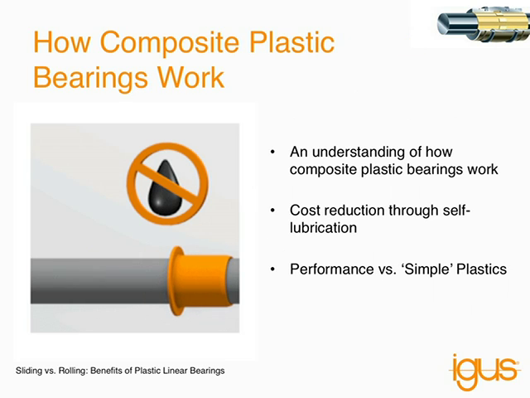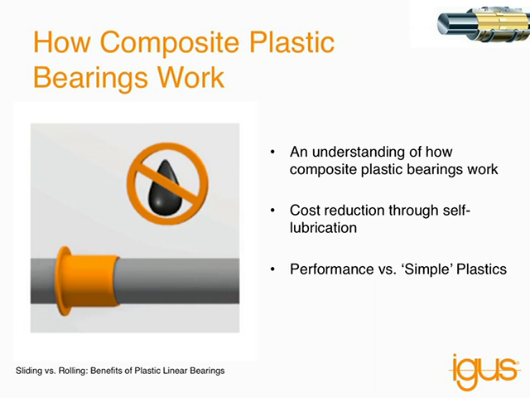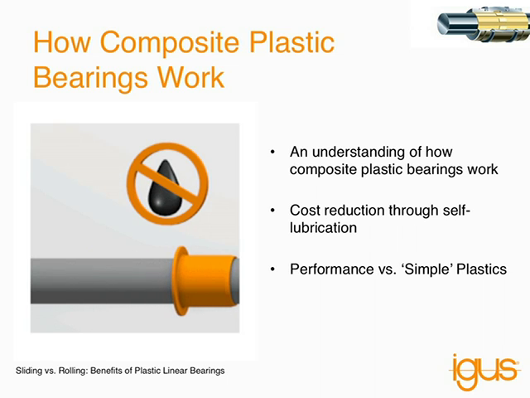The first step in the process of the webinar today is to help you get a better understanding of exactly how composite plastic bearings work, how they're able to offer cost reductions through self-lubrication, and how what we call motion plastics or engineered plastics differ from simpler commercial plastics available on the market.